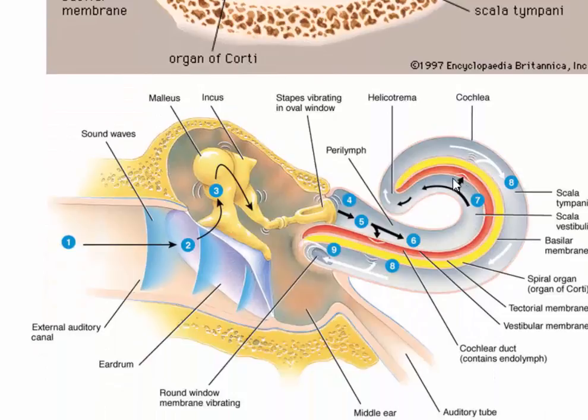It goes all around the cochlear duct, and when it gets to the very end at the helicotrema, it becomes the scala tympani, which comes around right in back of the round window. As you push on this fluid, the pressure pushes all the way around to here, and this causes the round window to protrude slightly.